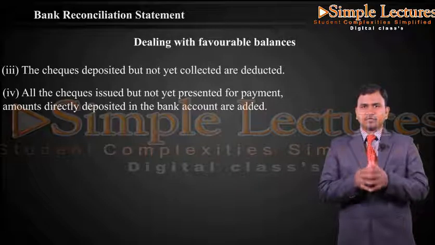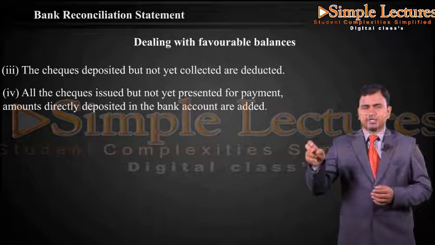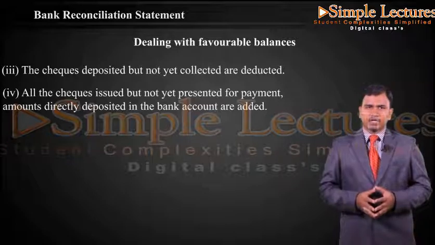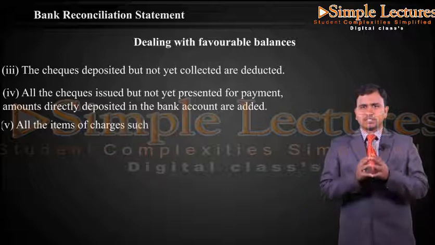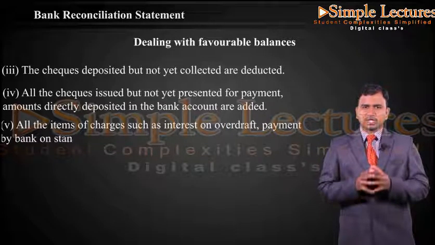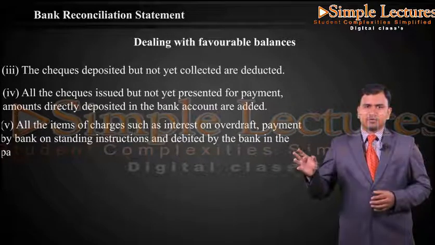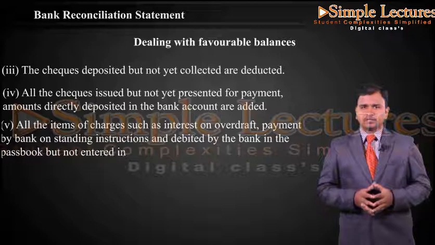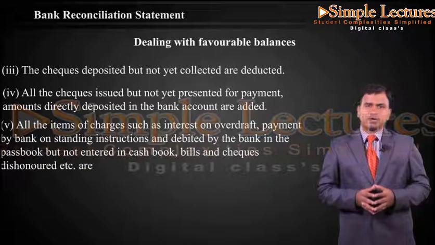Any check we have already issued and has not been presented, that should be considered here and the amount will be added. Step 5: all the items of charges such as interest on overdraft, payment by bank on standing instructions, debited by the bank in the passbook but not yet entered in the cash book, and bills and checks dishonored etc. are deducted.